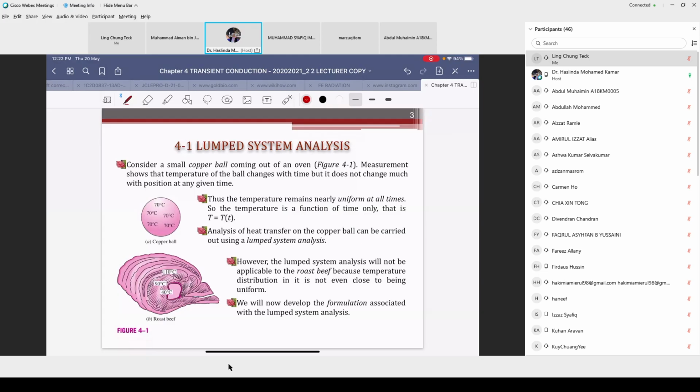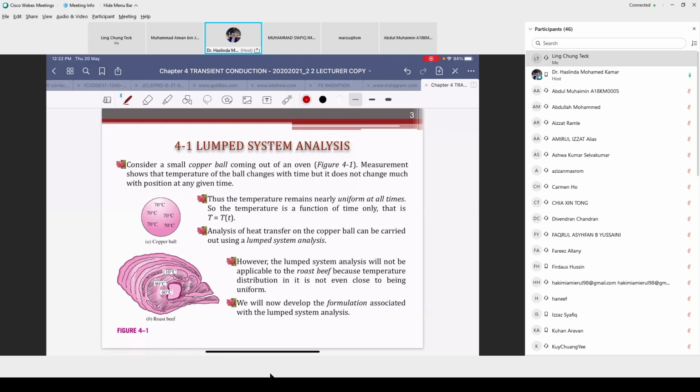Because the roast beef is quite big in size, and the heat transfer to penetrate through the meat is not as easy as with the copper ball. Because of that, the temperature distribution is not uniform. Senang kan?